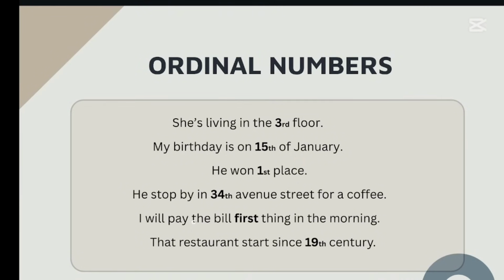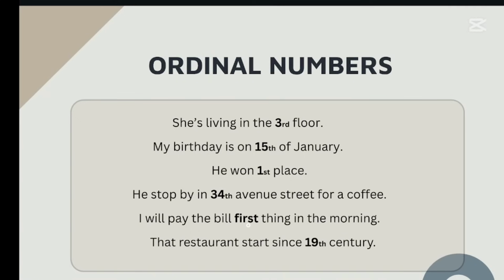I will pay the bill first thing in the morning. That restaurant has been around since the 19th century. So here we have the third, fifth, first, 34th, another first, and then the 19th. These are the ordinal numbers.